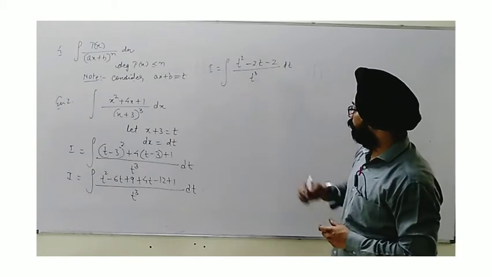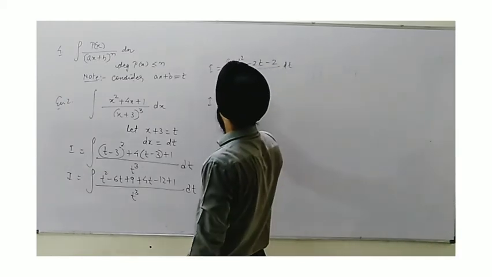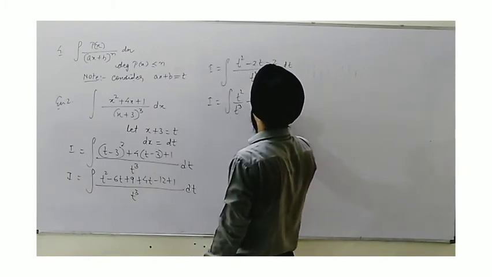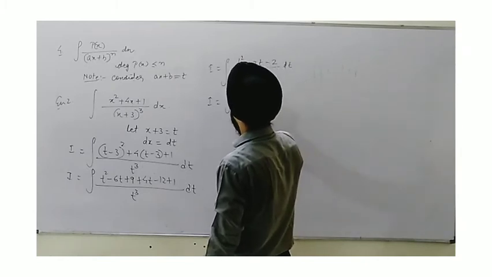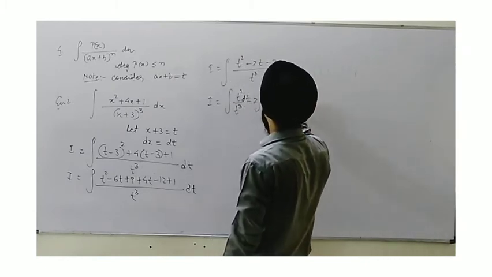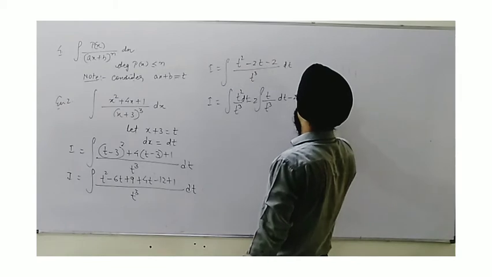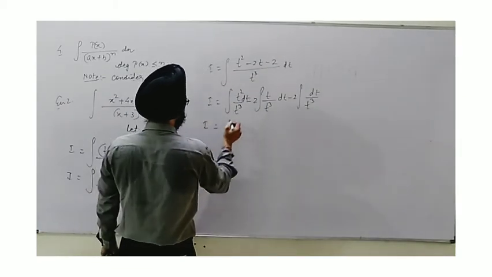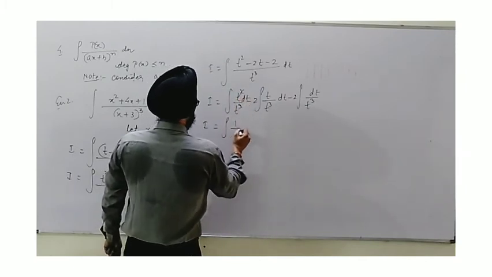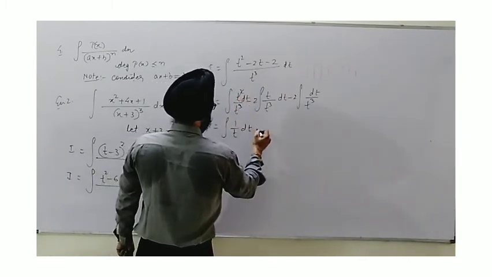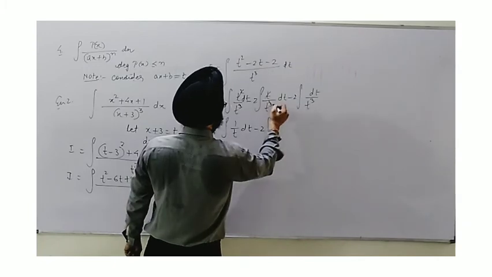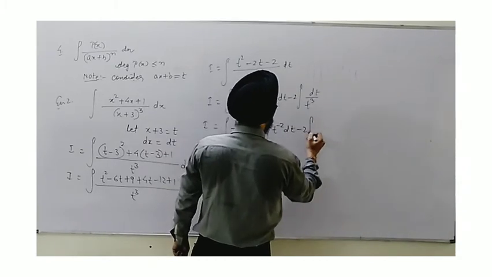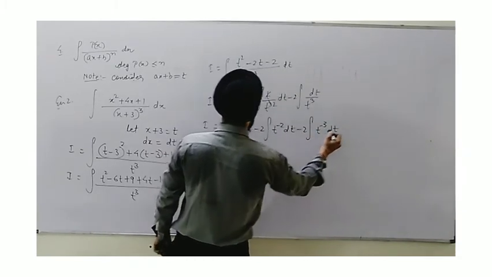Let's see. Here the separation of the denominator will be done as usual: t square by t cube, minus 2t by t cube, minus 2 by t cube, each term with dt. Solving, we find I equal to integral of 1 upon t dt, minus 2 times integral of t to the power minus 2 dt, minus 2 times integral of t to the power minus 3 dt.